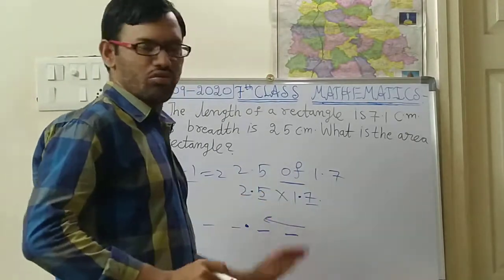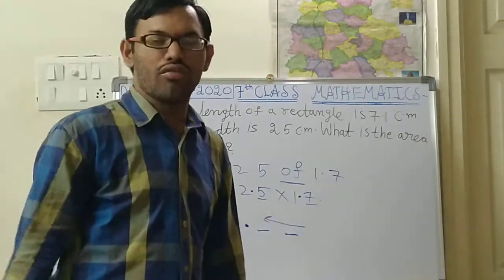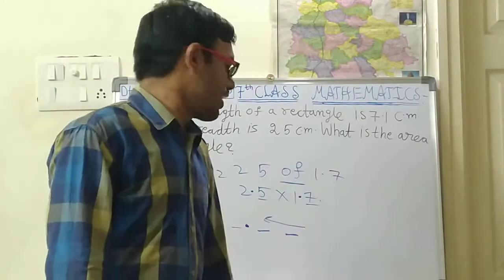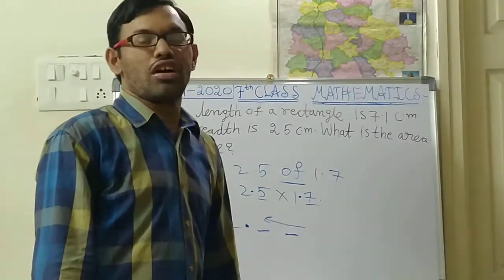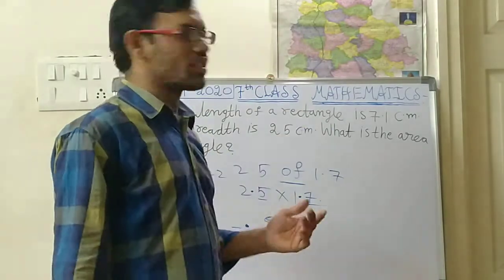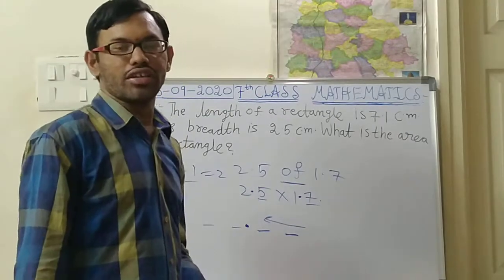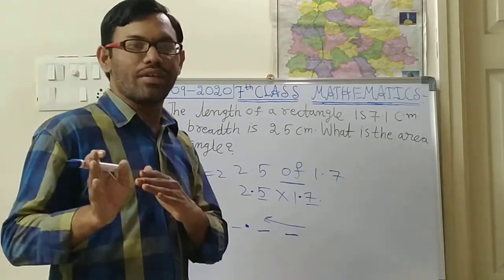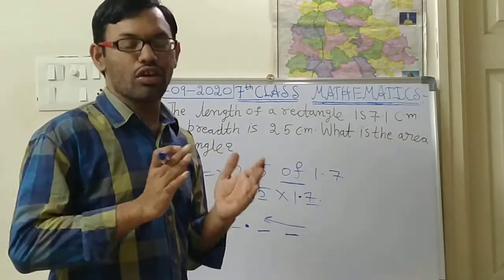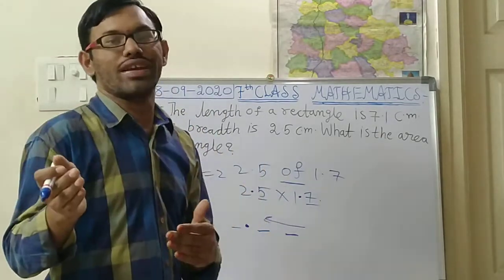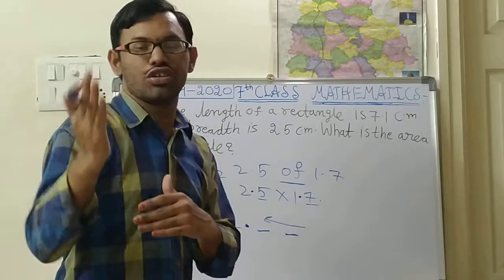Like this we have seen the multiplication of decimal numbers, and also using the pictorial representation. For smaller numbers we have seen the pictorial representation, like 0.4 into 0.3, 0.2 into 0.3, 0.1 into 0.1.